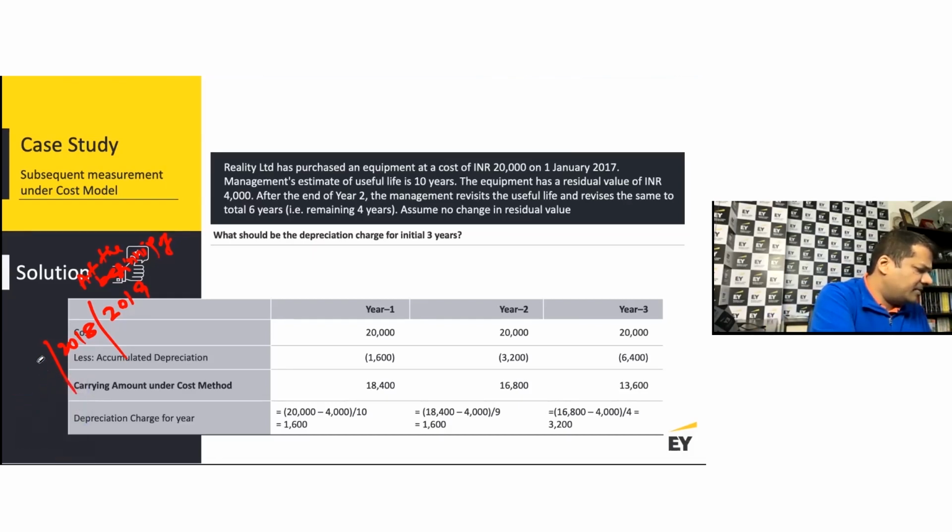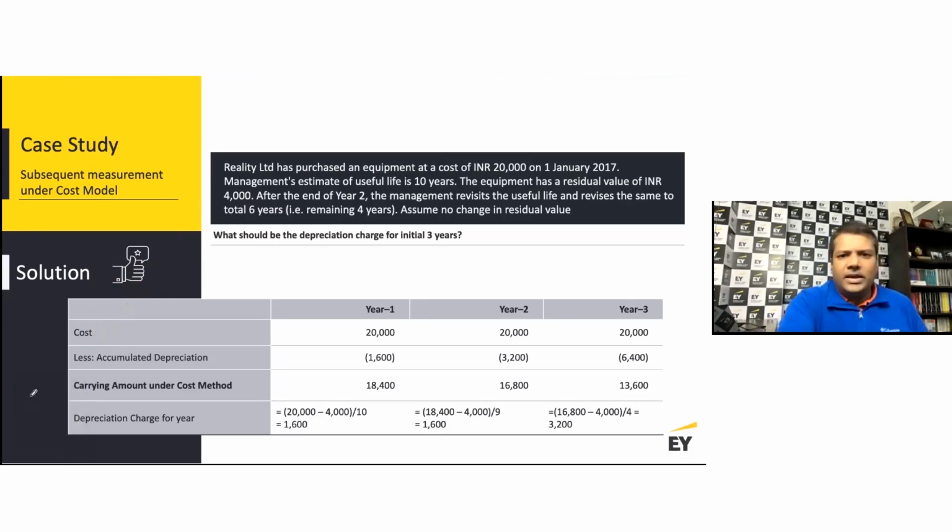So I've got all of this now sorted for you. All right. So my year one, year two, year three, which is 2017, 2018, and 2019. Essentially the 20,000 cost remains the same.